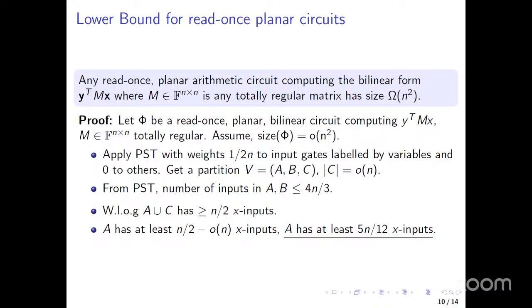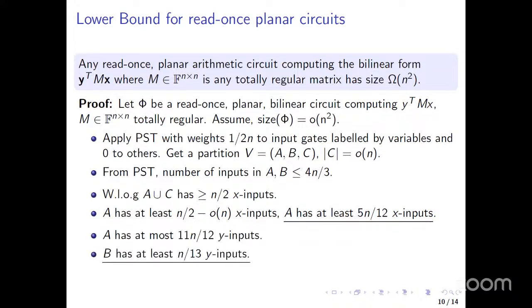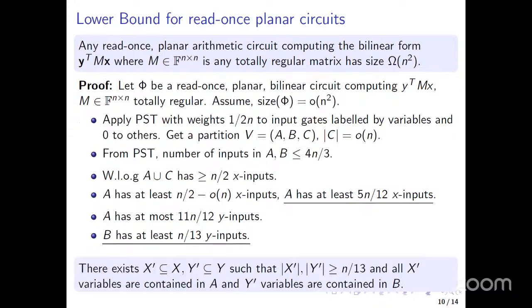These numbers do matter, but you don't have to remember them. A has a reasonable number of x inputs, and the number of inputs in A itself is bounded, so A has at most some number of y inputs. There are 2n inputs in total, of which many are in A, so the remaining ones have to be in B. So if you don't remember any of the numbers, what does this say?